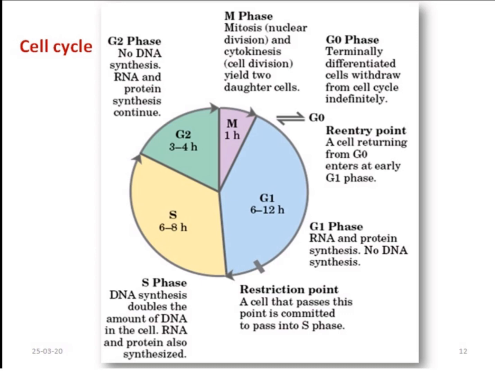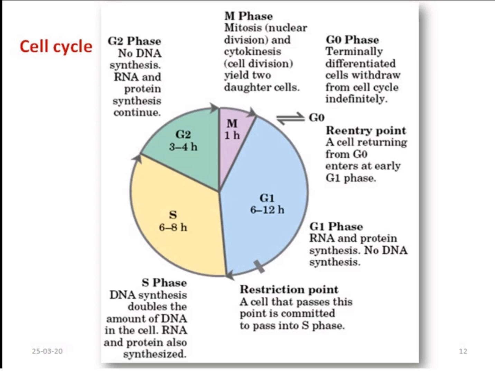The G2 phase, which is the third largest, takes 3 to 4 hours to complete, and it has no DNA synthesis. It only synthesizes RNA and protein again. After the G2 phase, once all things have been synthesized properly, the cells are transferred to the M phase, that is the mitosis process. Mitosis takes 1 hour.